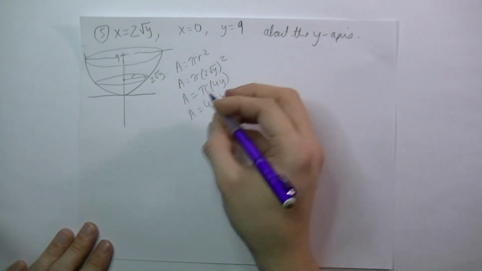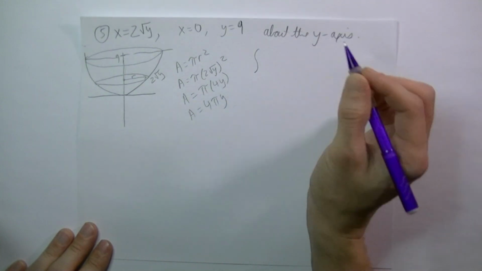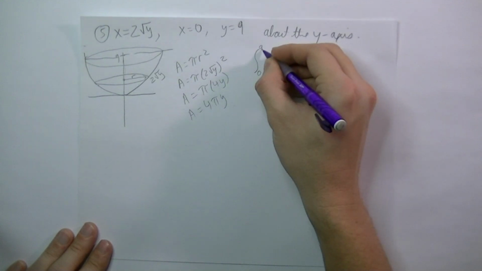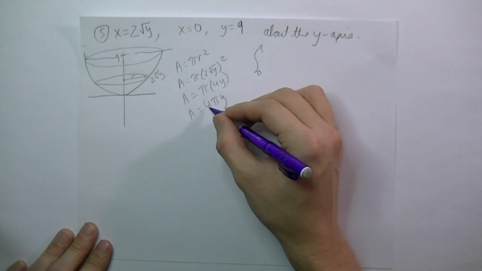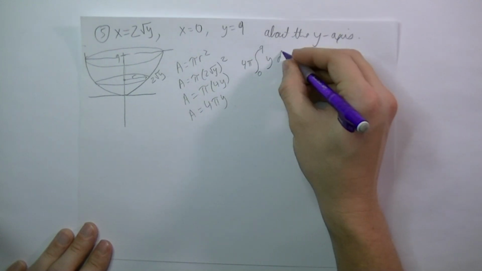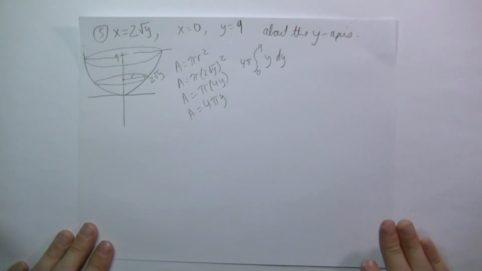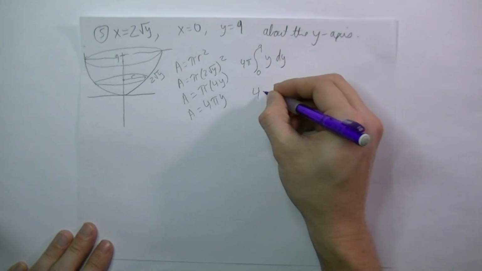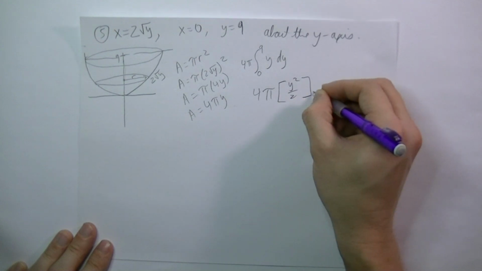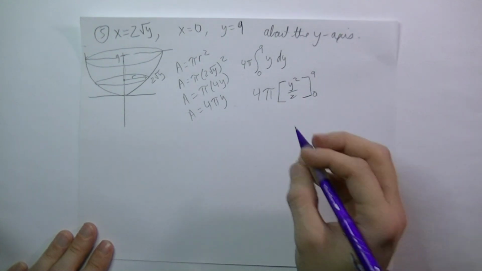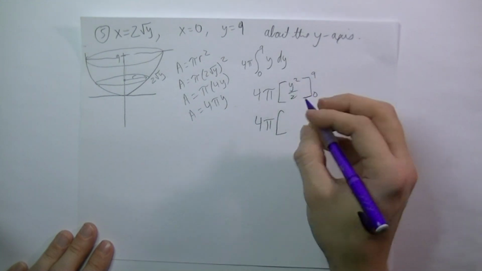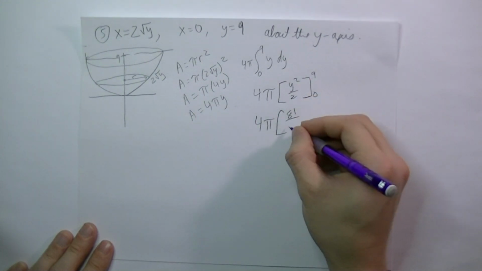So we need to integrate, and we're going to go from 0 to 9, and integrating the area, the 4 pi factors out, and the y stays, and we're integrating with respect to y. So integrating, we get y squared over 2, evaluating from 0 to 9, and we get 4 pi, 9 squared is 81 over 2.